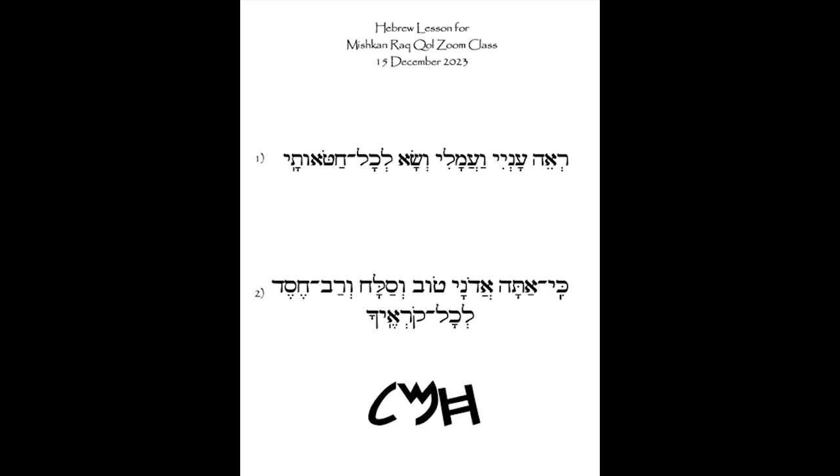All right. So the word re'e, what does that mean? To see. Re'e means to see. So based on the sentence structure here, we're saying that somebody sees. The person that we're talking to, they see something.